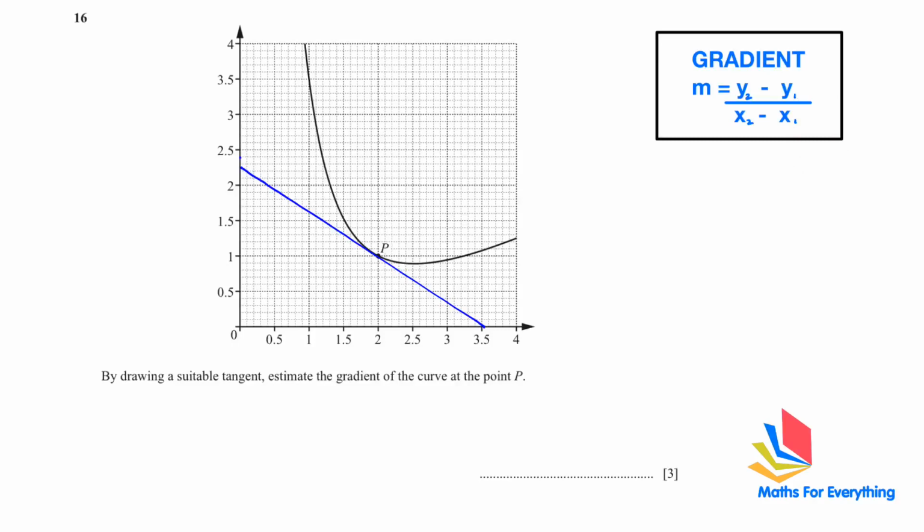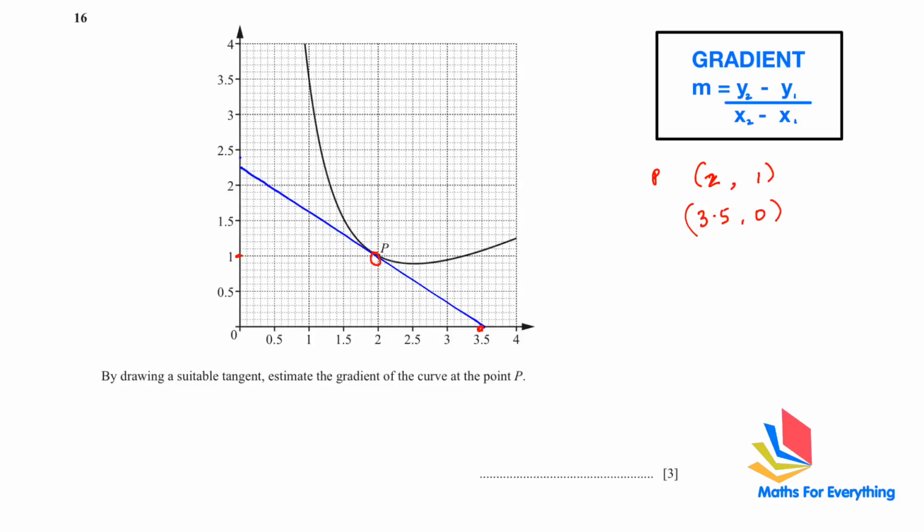For this, we need 2 points. The first point we will take is this P, which is x is 2 and y is 1. And the other point we'll take is at the x-axis. It's much easier if you take a point at the x-axis because one of your numbers is going to be 0. So the other point is x is 3.5 and y is 0.